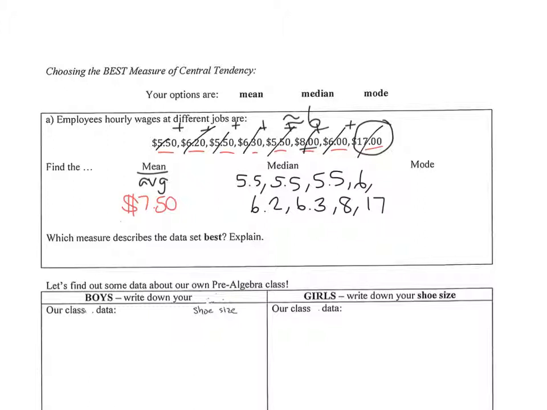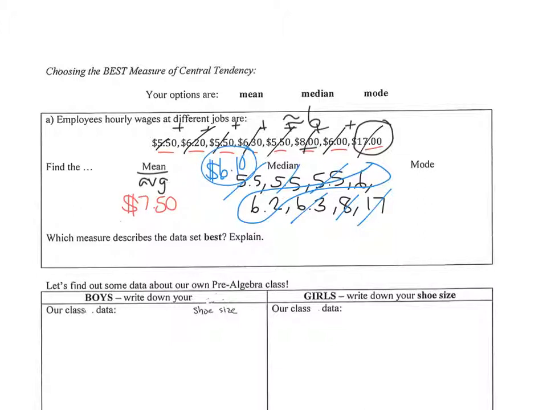To find the middle number, I cross off the bottom, the top, the bottom, the top, the bottom, the top. And now I have 2 of them in the middle. So I average them: 6 plus 6.2 divided by 2, and you get 6.1. So $6.10.